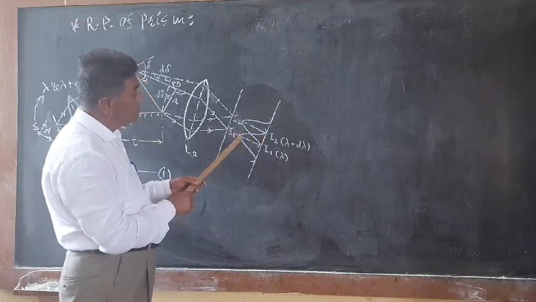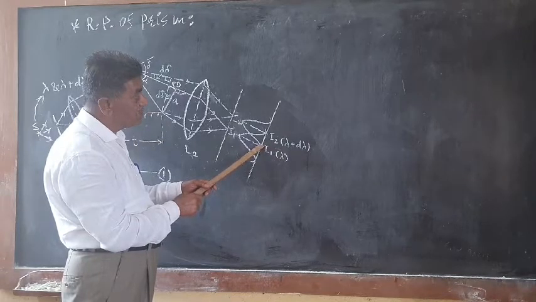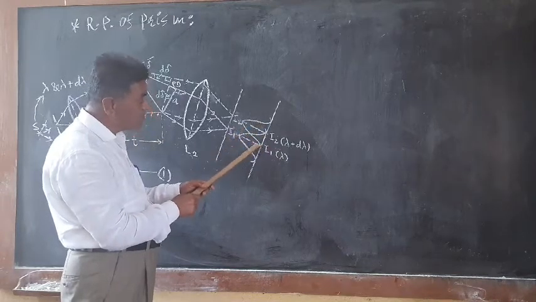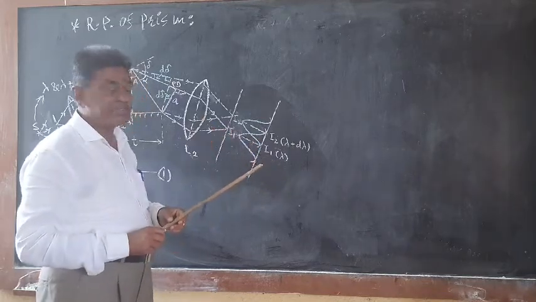So this is the principal maximum of I1 here, at the same position as the first secondary minimum of the other diffraction pattern. When this happens, the two spectral lines are said to be just resolved.